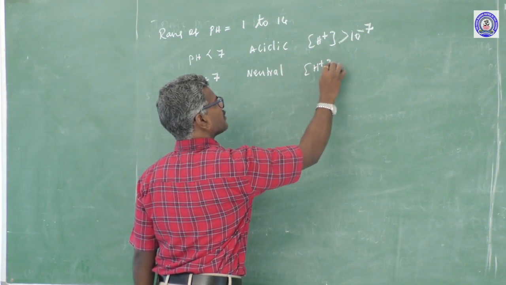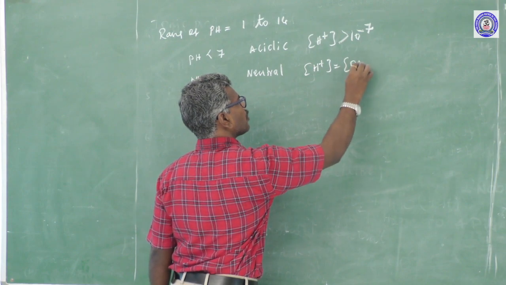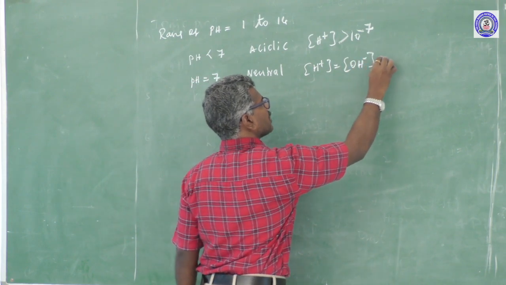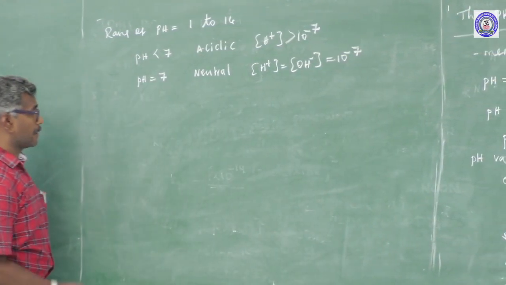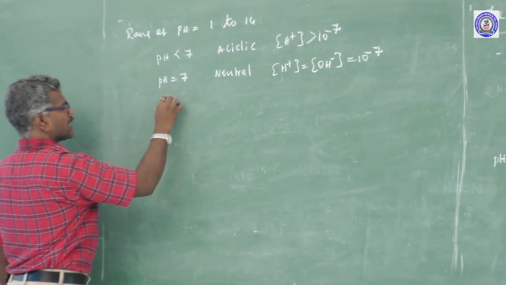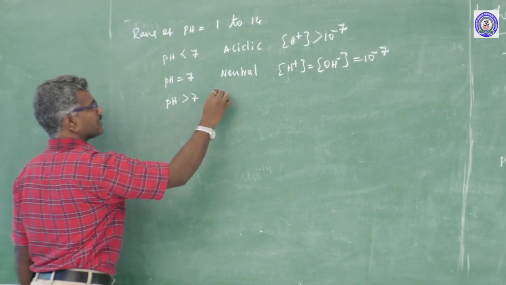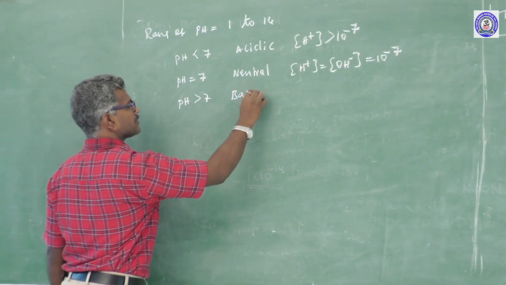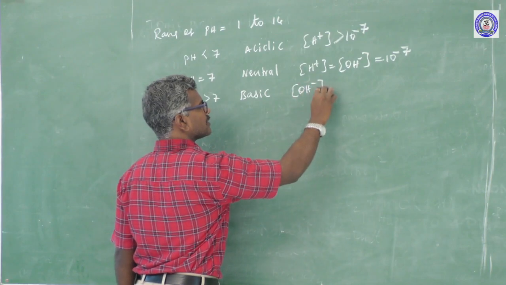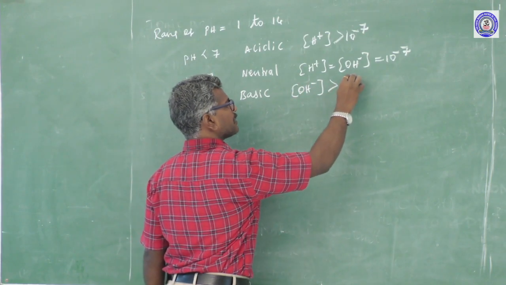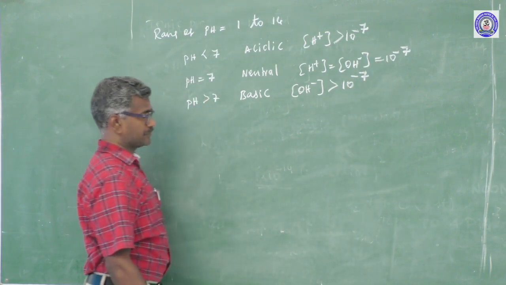The concentration of H plus and the concentration of OH minus are equal to 10 power minus 7. pH greater than 7, basic nature. The concentration of OH minus is greater than 10 power minus 7.